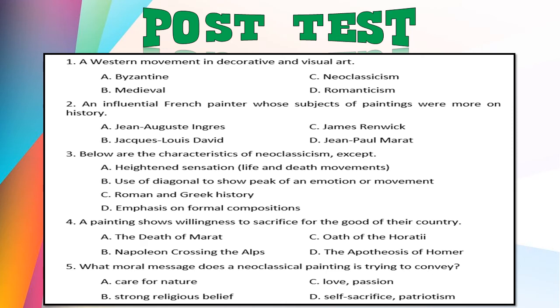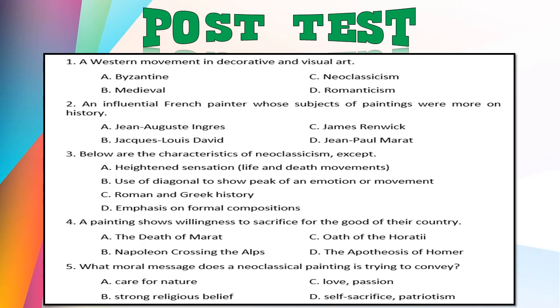A. Jean-Auguste Ingres. B. Jacques-Louis David. C. James Renwick. D. Jean-Paul Marat. Number 3. Below are the characteristics of neoclassicism except A. Heightened sensation, life and death movements. B. Use of diagonal to show peak of an emotion or movement. C. Roman and Greek history. D. Emphasis on formal compositions.